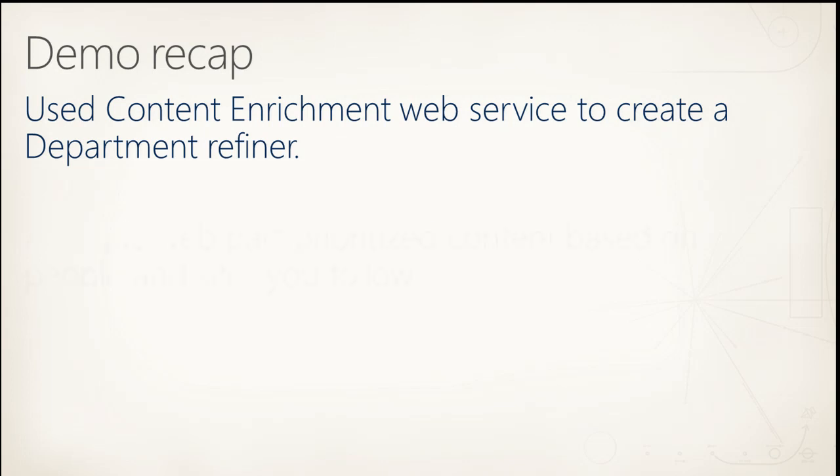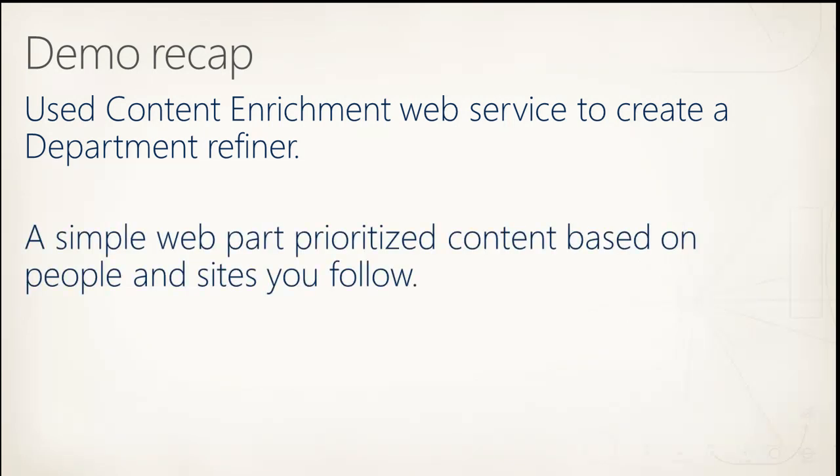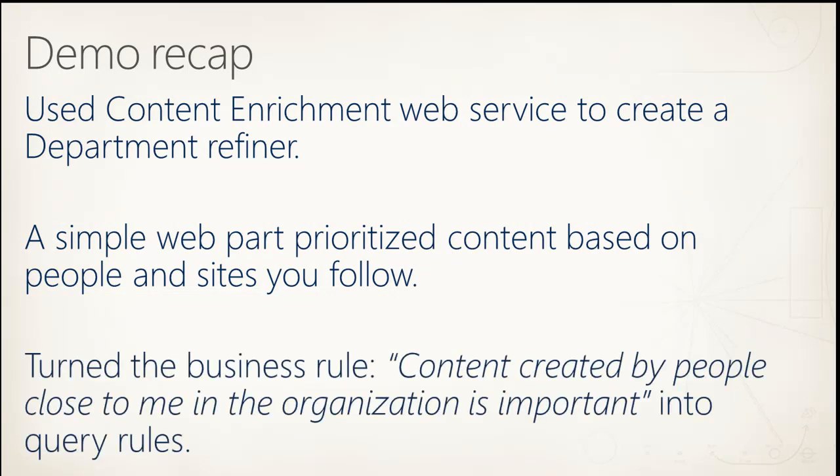And then I created a fairly simple web part, just using the APIs in SharePoint, pulling in who you follow and what sites you follow, and adding that as variables, which I can then use in the query rules. So basically, I took the business rule, which I talked about at the beginning, saying content created by people close to me is more relevant, and I want those prioritized to the top.